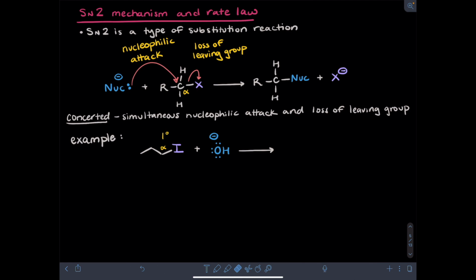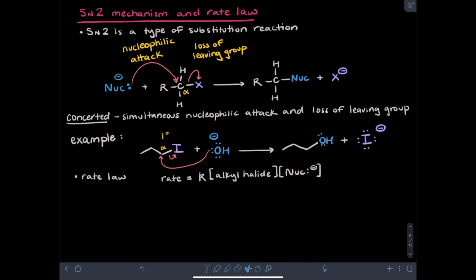The hydroxide can serve as a nucleophile in my SN2 mechanism, which will have two curved arrows. I use one of the hydroxide's lone pairs to form a new bond to the alpha carbon, and I break the carbon-iodine bond and bring those electrons to iodine. The products here would be an alcohol with a new carbon-oxygen bond and the iodide anion.